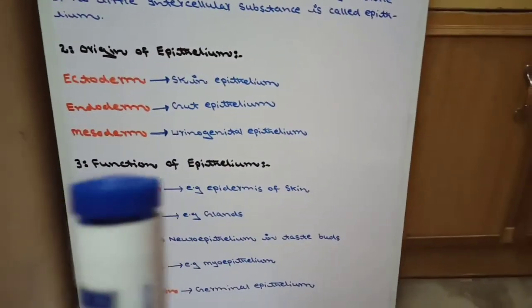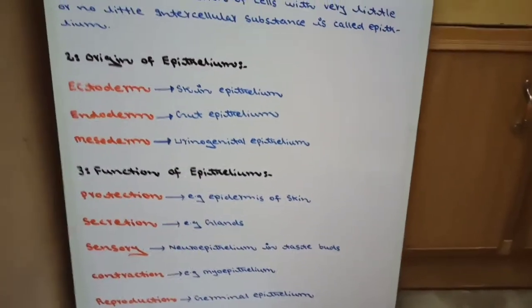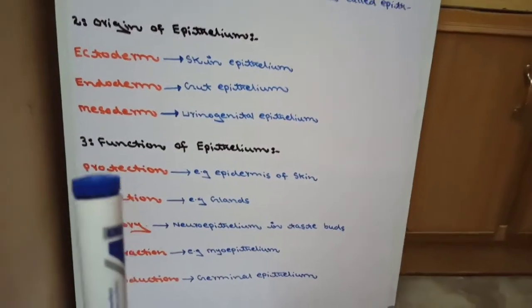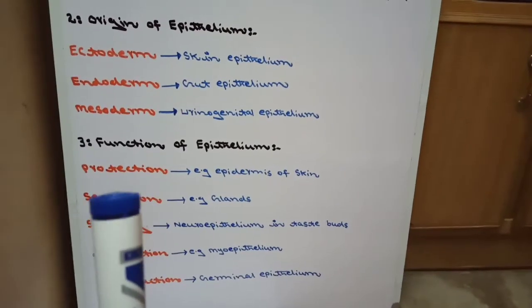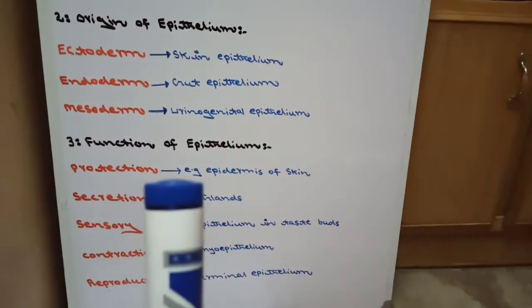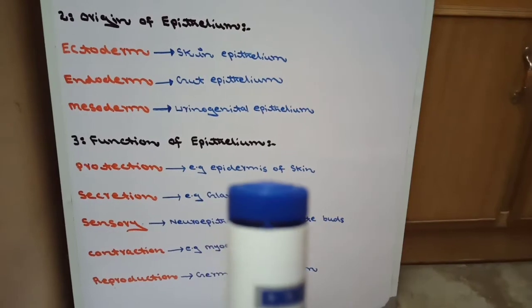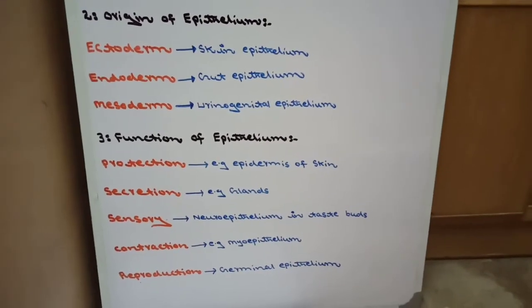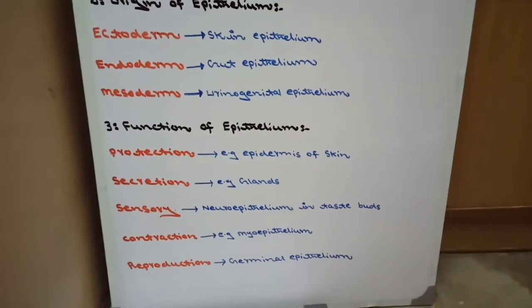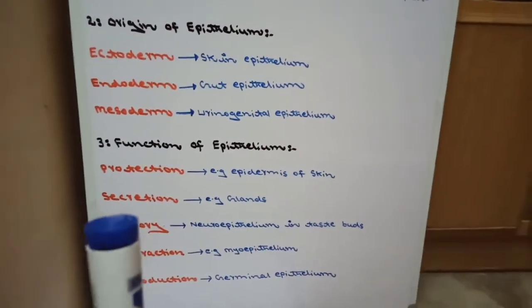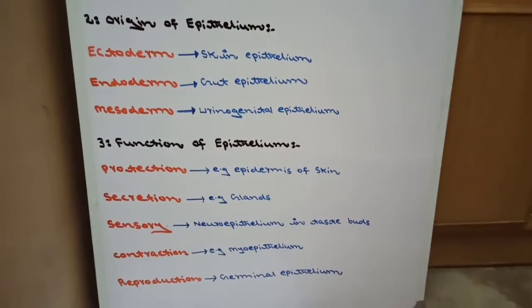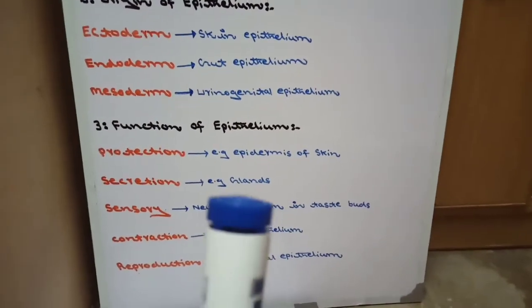Now come to the function of epithelium. Epithelium has 5 functions. Number 1, protection. Epithelium is responsible for protection, for example the epidermis of skin. Second function of epithelium is secretion, meaning secretion of substances, for example glands.